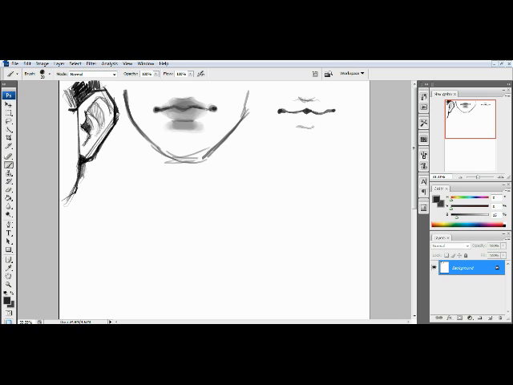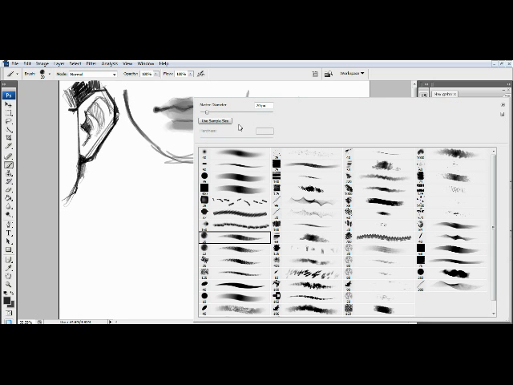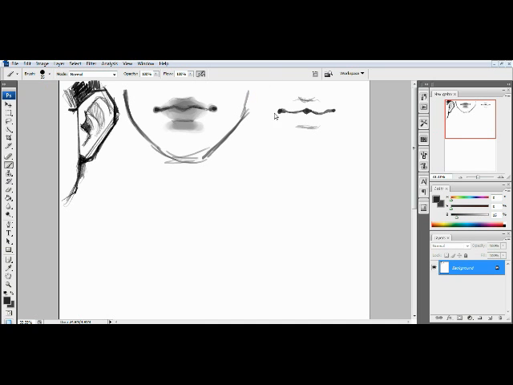These tend to make the lips look fuller, probably because they look like they're pouting. So anyways, like that.